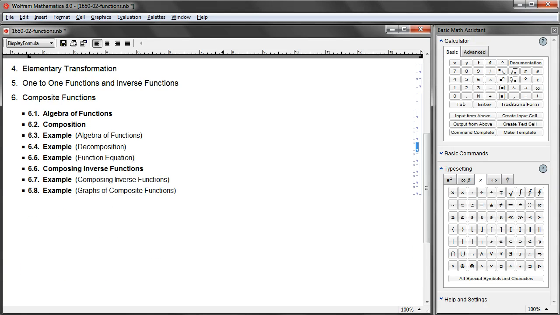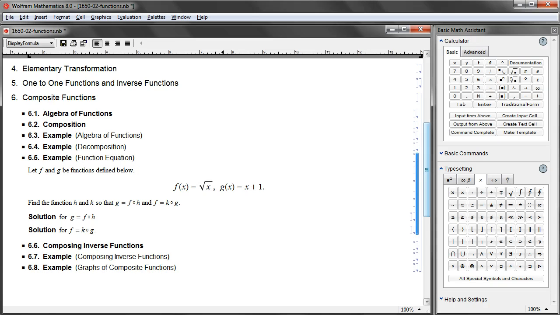Okay, getting warmer. How about this kind of example? We have to find functions this time. It's kind of a functional equation, and we have to find the functions h and k, so that g of x is given by this one. This one is f of h of x, f circle h.